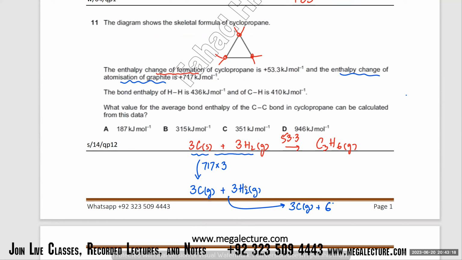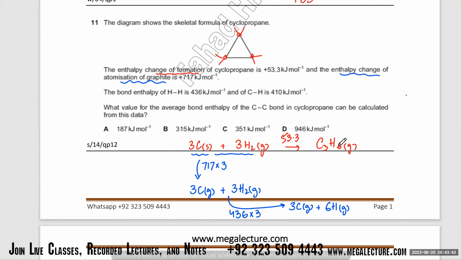So I'm going to get 6 hydrogen gaseous atoms. If I have 3 H2 molecules, to break the bond of one H2 molecule, that's 436. So this one is going to be 436 times 3.